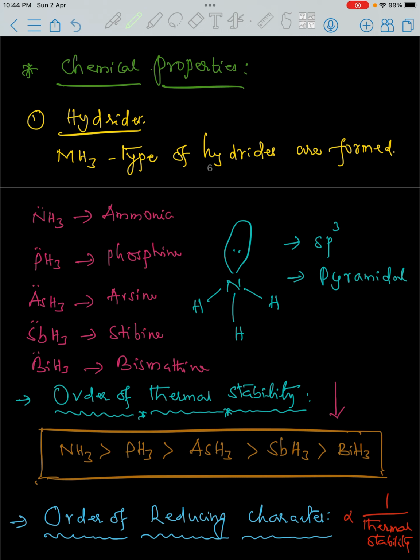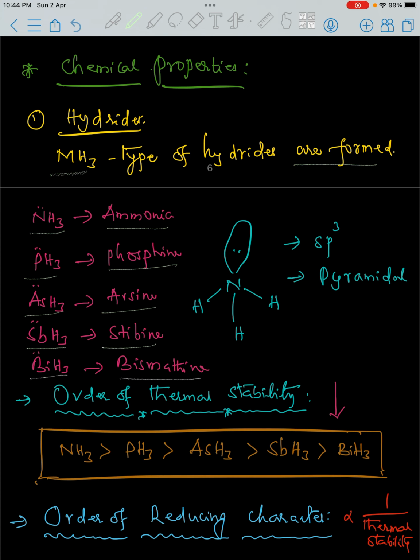Generally MH3 type hydrides are formed when 15th group elements react with hydrogen. Nitrogen with hydrogen gives NH3, called ammonia. Phosphorus gives phosphine. AsH3 is called arsine, SbH3 is called stibine, and BiH3 is called bismuthine.